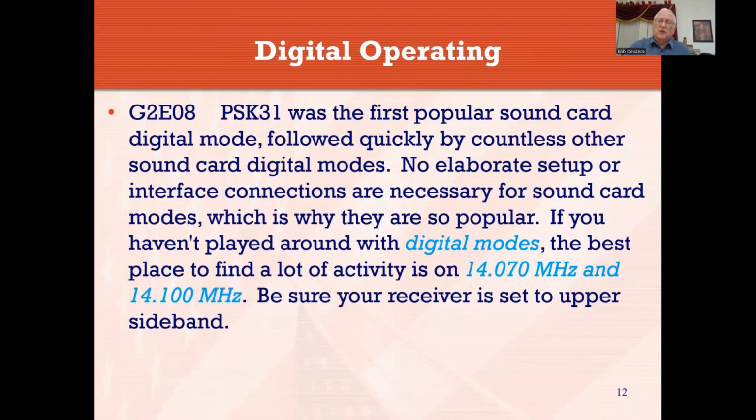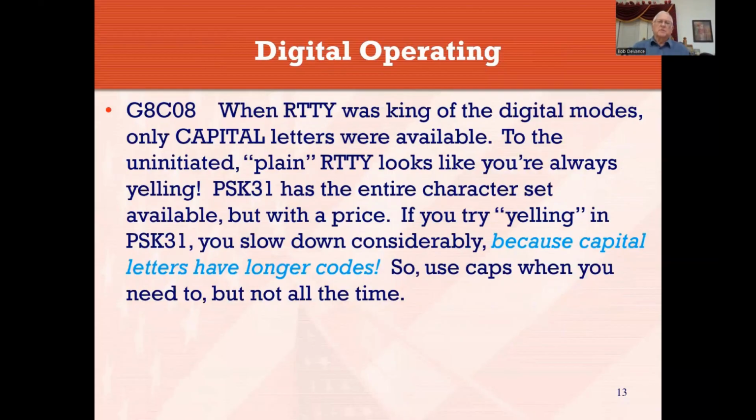I think that's why we're saying go to 14.070 or 14.100. 14.070 is definitely PSK. 14.100 will have some of that as well. And then a little bit higher from that, we'll see FT8. But the answer to the question here is playing with the digital modes: look for activity at 14.070 and 14.100. Upper sideband, unless you're doing teletype, which is a different set of frequencies.